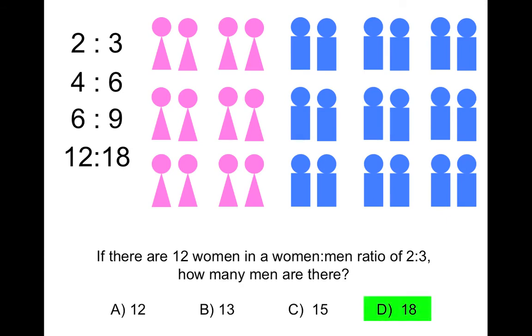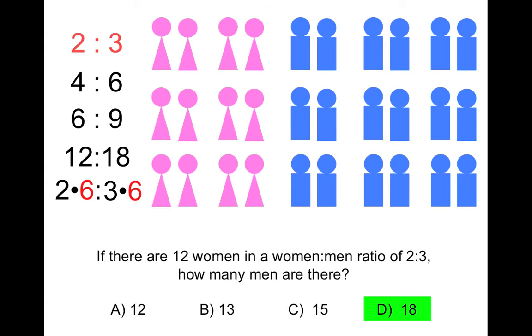Of course, you could have just counted the little figures on the screen, but you may have noticed that in a 2 to 3 ratio, to get 12, we would have to multiply the 2 by 6. So to stay in the same ratio, we'd have to multiply the 3 by 6, giving us 18.